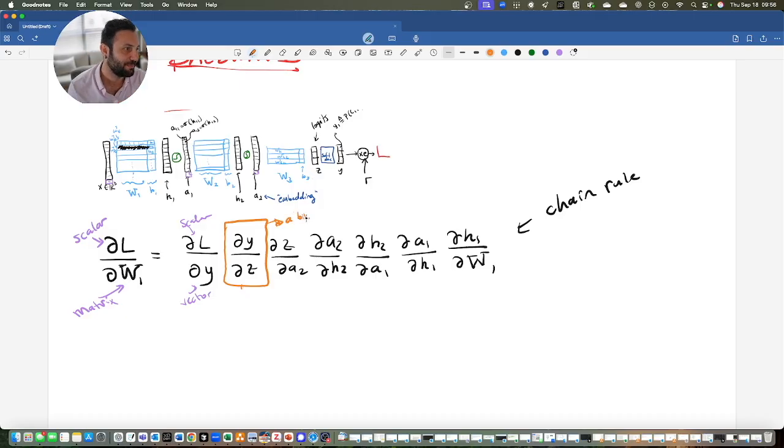This is a bit involved because yi, or a derivative of yi, has something to do with all zj, right? So it's not one-to-one. It's not element-wise. And again, notice that this is dz over dA2. If I change it, it is going to flow back.